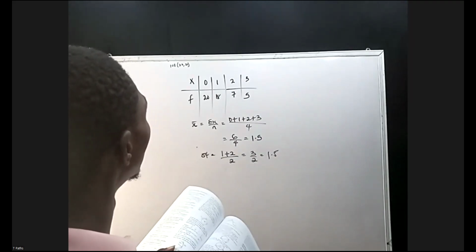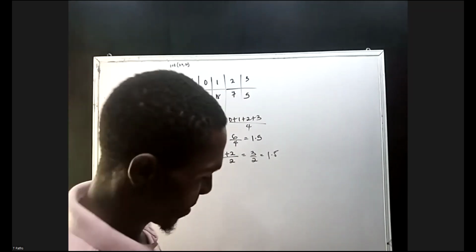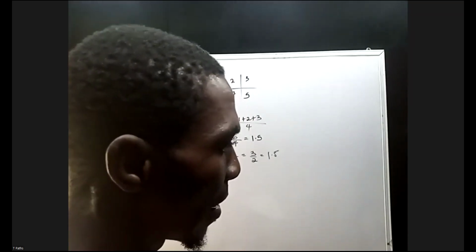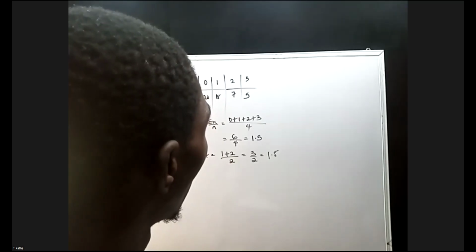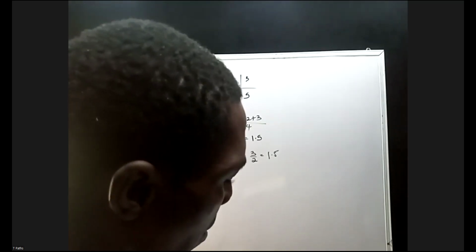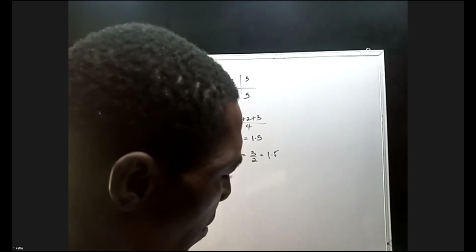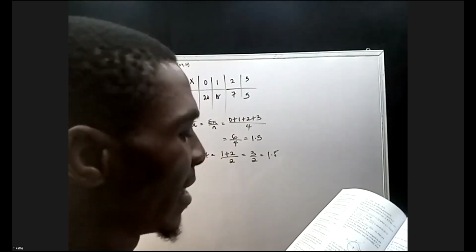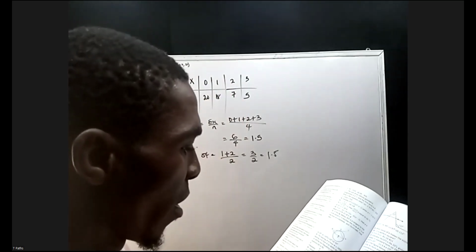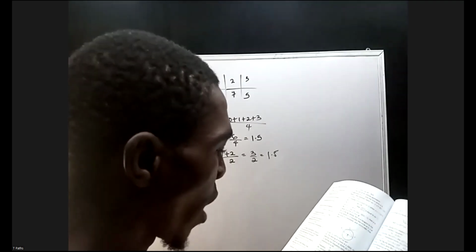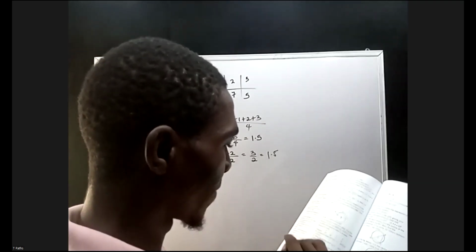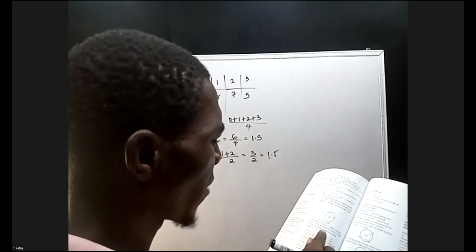Sorry, sir, I thought this is a group data, so you are expected to solve it like mean x equals summation fx over summation f. Hold on, coming back to the beginning of the question, they said the frequency table is to answer 83 to 85.